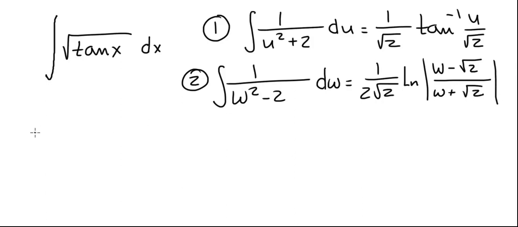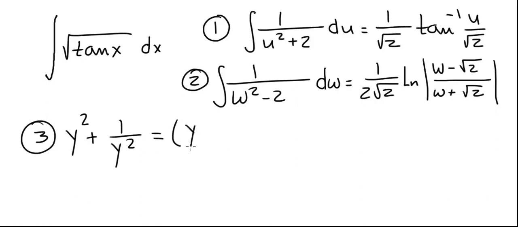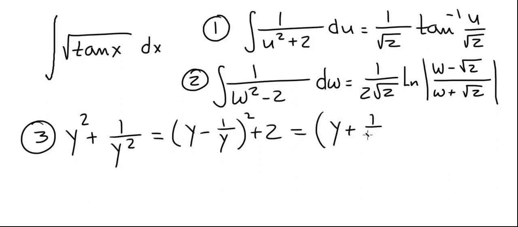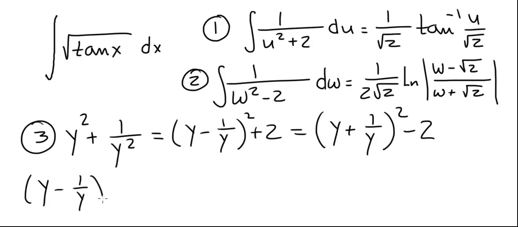The third result we'll need is the expression y squared plus 1 over y squared can be written as y minus 1 over y squared plus 2, and also can be written as y plus 1 over y squared minus 2. Now to see this, we'll just do one of these. We take y minus 1 over y squared and add 2.